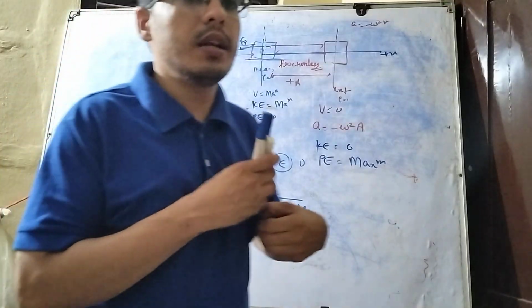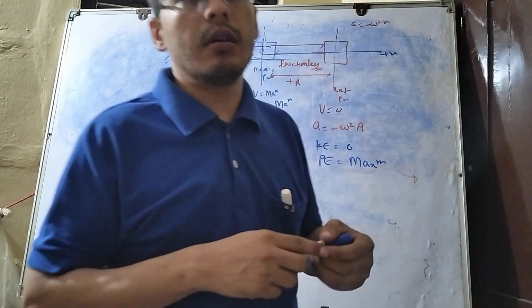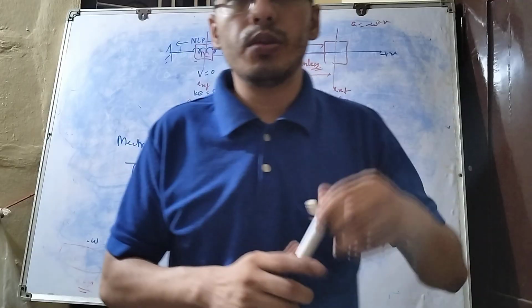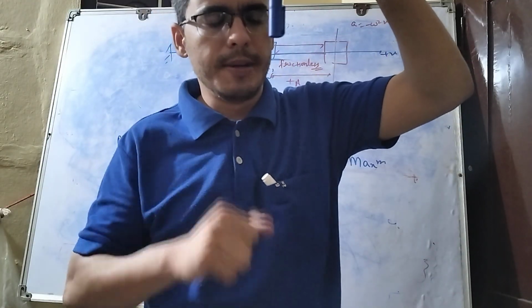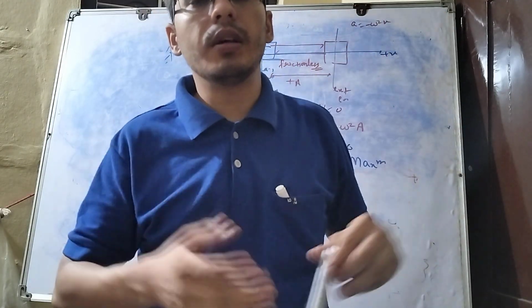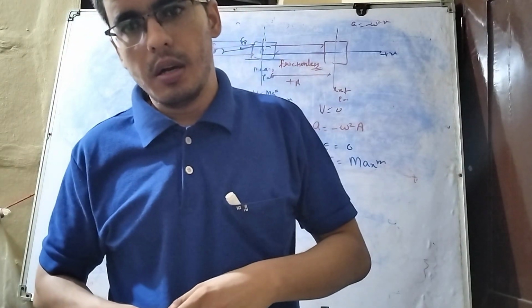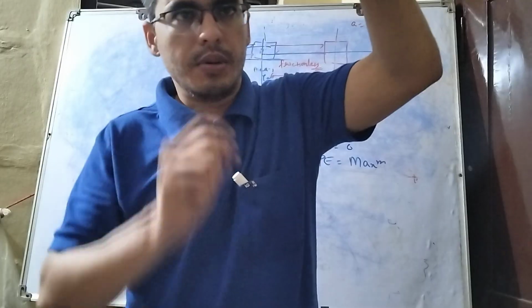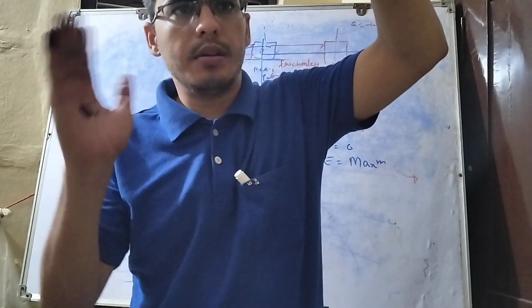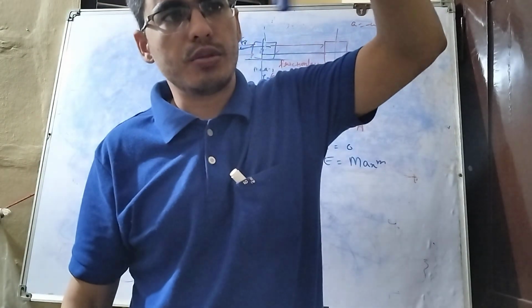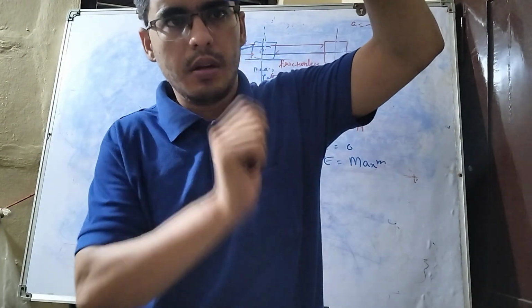You have seen a simple pendulum clock in your home. So suppose this is a simple pendulum clock. What is the time period of a simple pendulum? Tell me in the comment box. Suppose that is 1 second, and now I say, okay, start that oscillation. See, that is the mean, right?